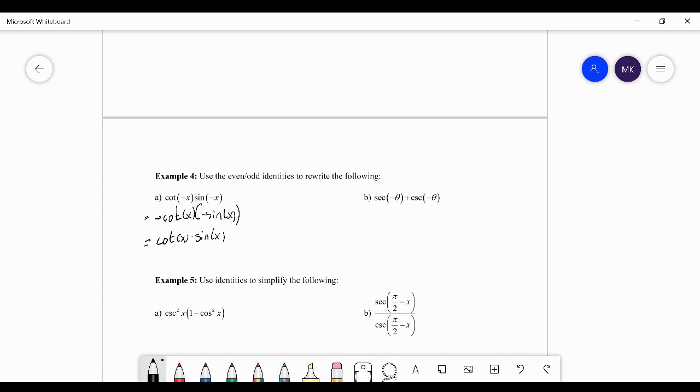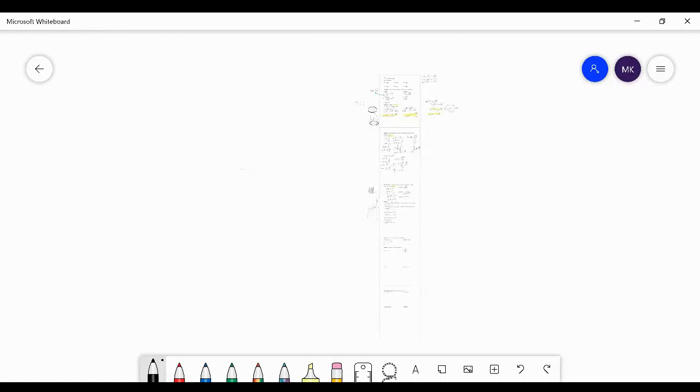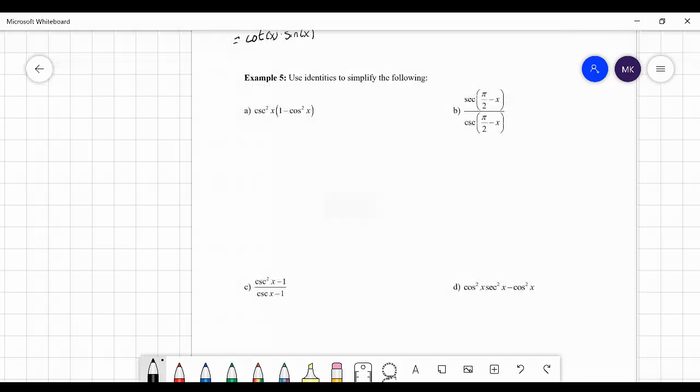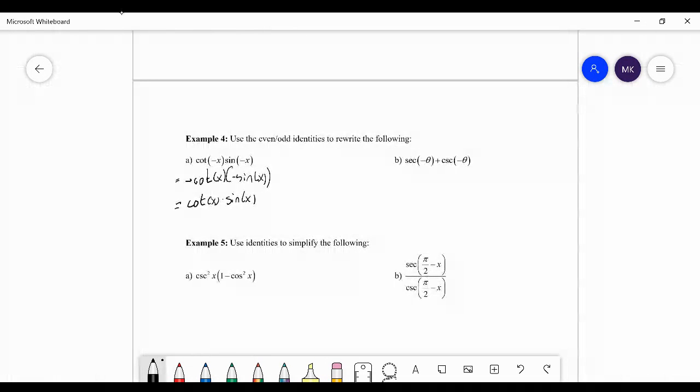And we can do a better job simplifying this, right? What's cotangent? Cotangent is cosine over sine. So cotangent is just cosine of x over sine of x. So that's just times sine of x, and those cancel out, leaving me with just cosine of x. That's cool.